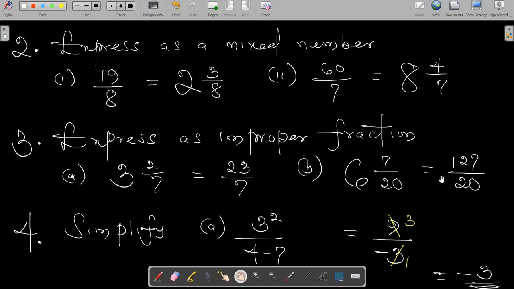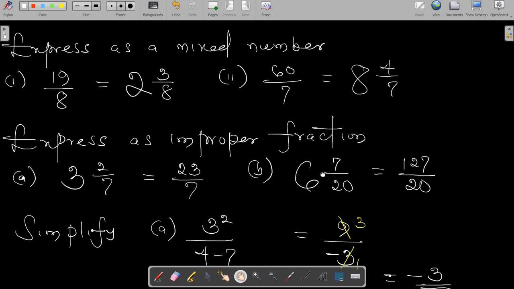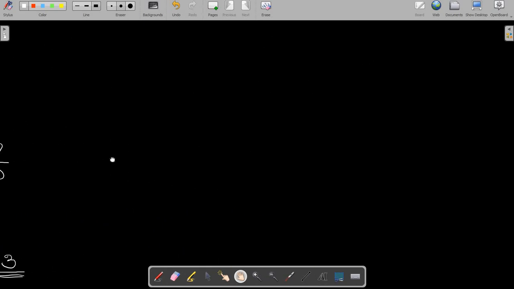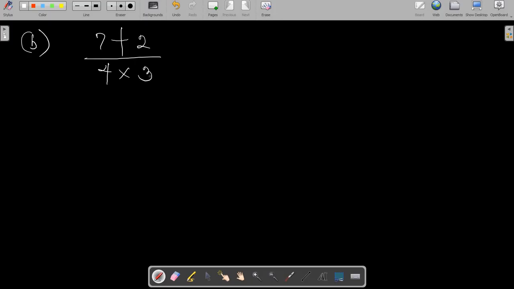Now let's move on to the second question here. The B case, if you are asked to solve something like this, 7 plus 2 all over 4 times 3. So how do we tackle this?